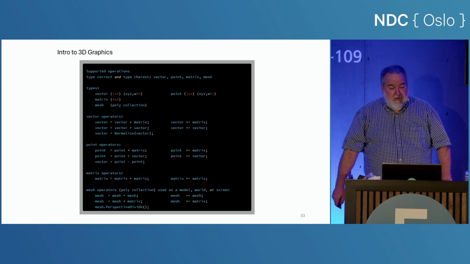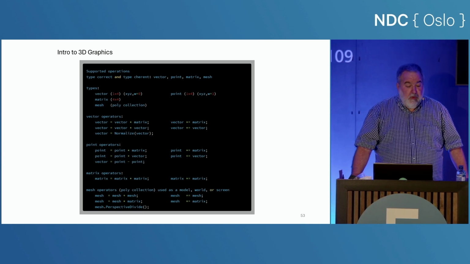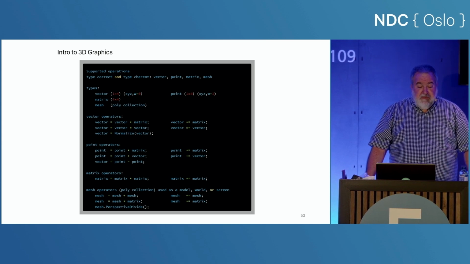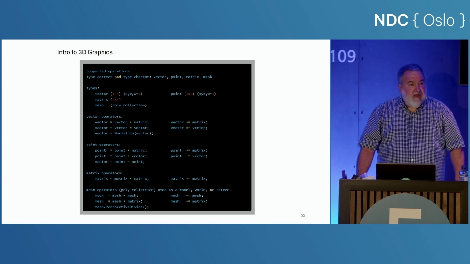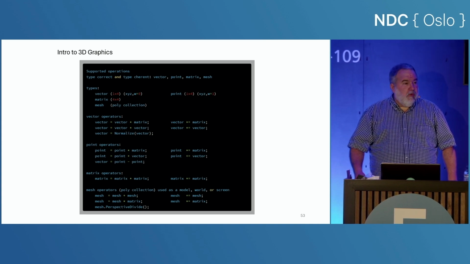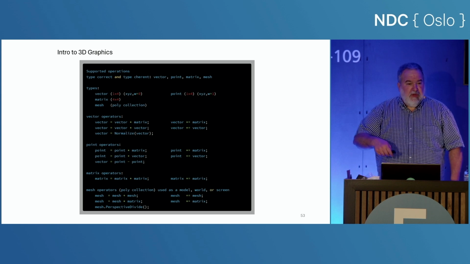These are all the different math operations that the library I wrote for myself handles. All the basic types of points, vector, matrix, and meshes. And I have multiple versions of meshes, of worlds and screens. Those are all different meshes that I can multiply matrices upon.